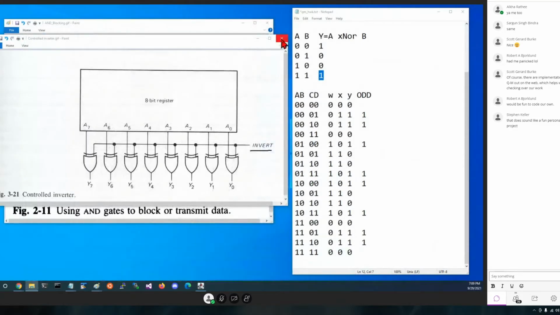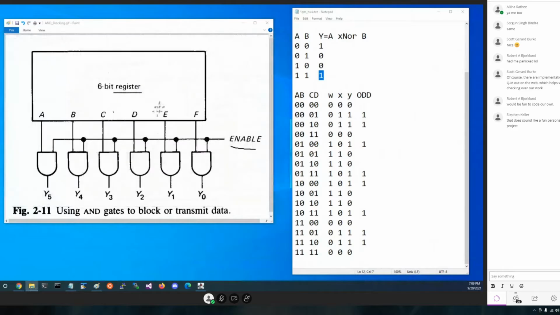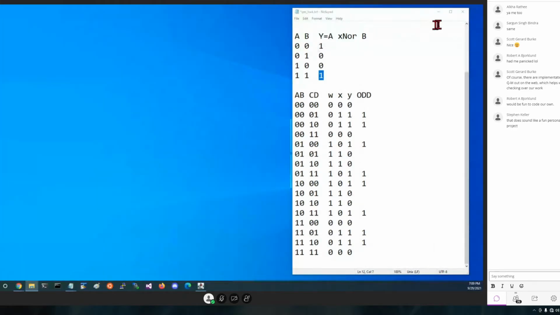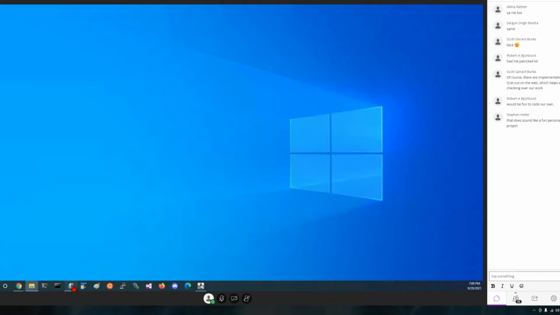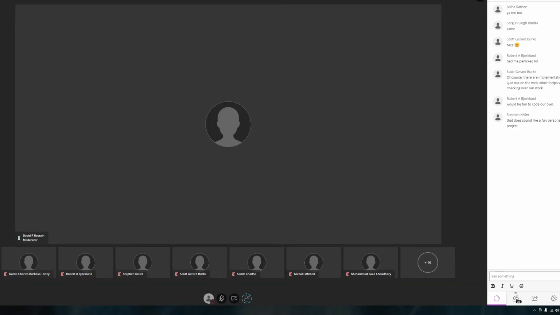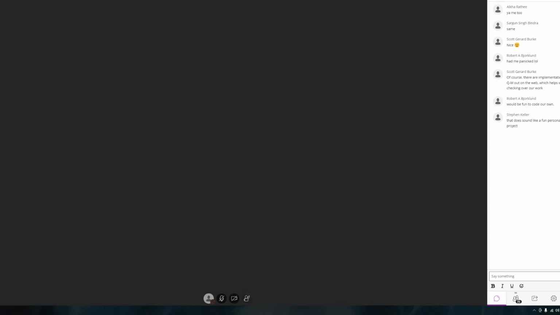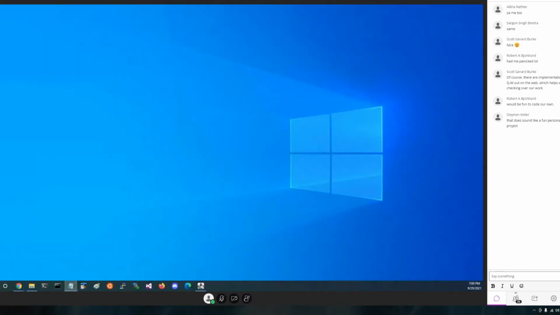And I opened a lot of windows, didn't I? Wonder where that window is. Must be on my other, yeah, it's on my other screen.